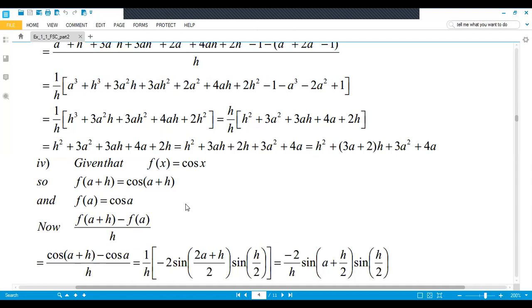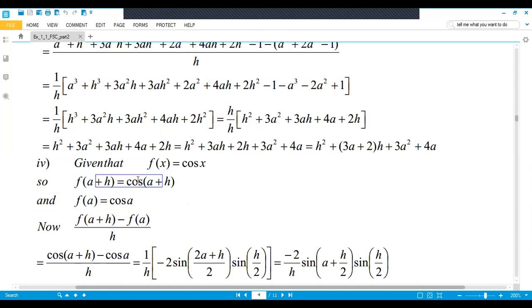That is equal to minus 2 sine alpha plus beta divided by 2, sine alpha minus beta divided by 2. Again, I'm going to revise. You have to study one formula, cos alpha minus cos beta, which is equal to minus 2 sine alpha plus beta divided by 2, sine alpha minus beta divided by 2. This formula you already studied in class first year. So again, we use it here.